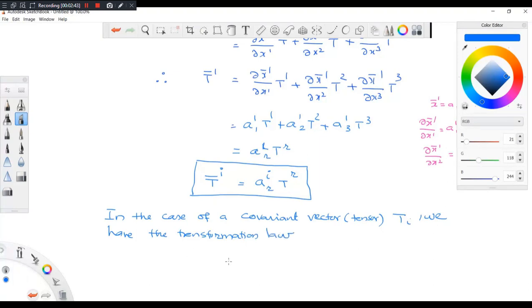What is that? T bar I is equal to del x R upon del x bar I TR. This is the transformation. Okay.